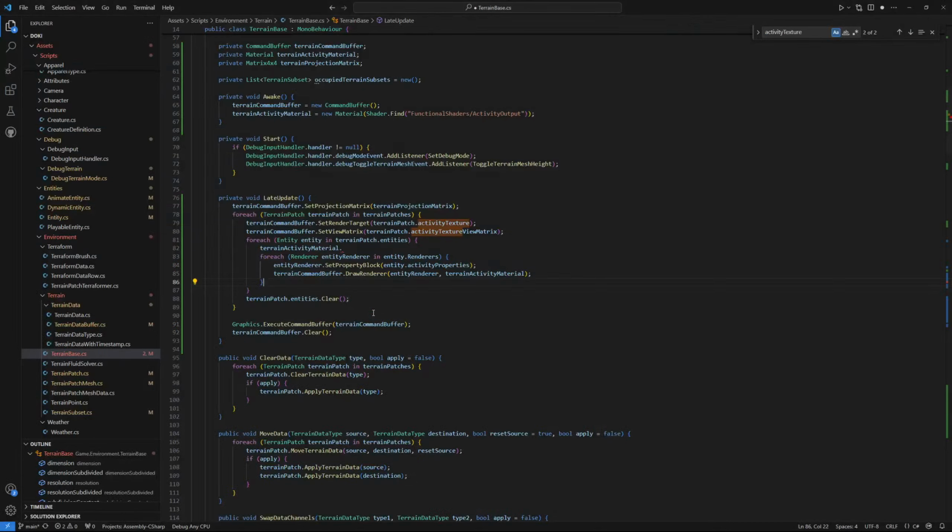What bothers me is that we need to set this property block per renderer, but we're going to render all the renderers. Actually, we're going to render all the renderers using one material. This property should be the same.